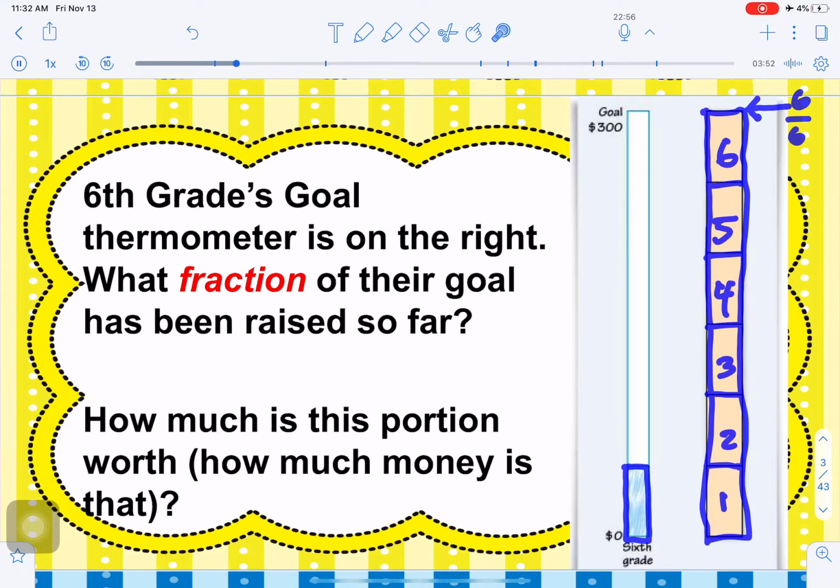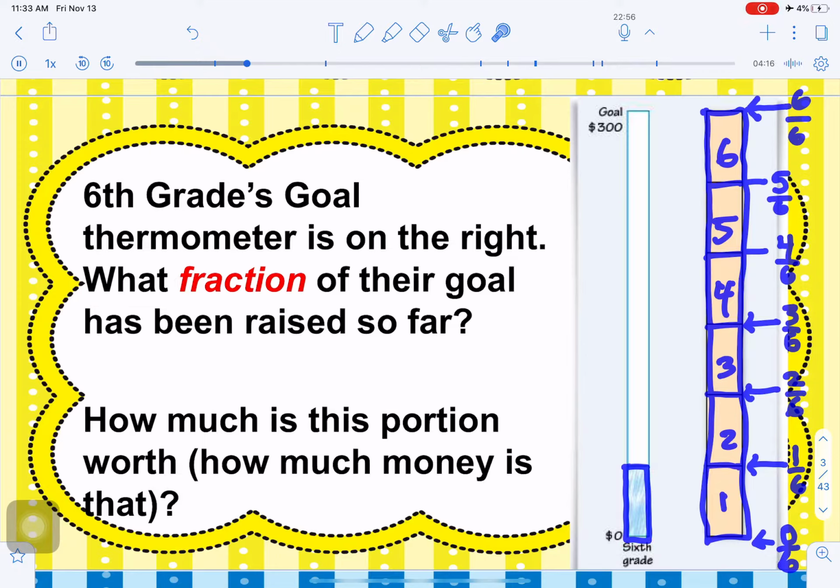This right here would be 5/6. This is 4/6. This is 3/6. 2/6. And this would be 1/6. We can also represent 0 as 0/6. So we have some information that could be useful.